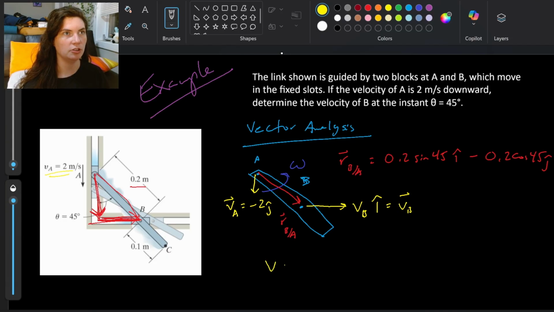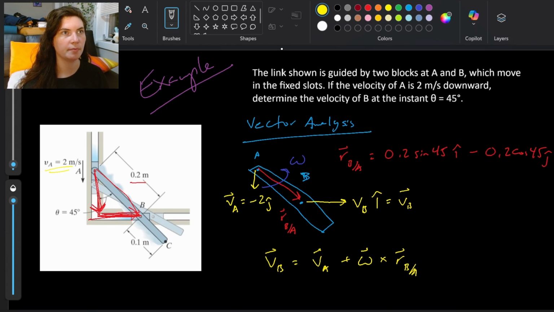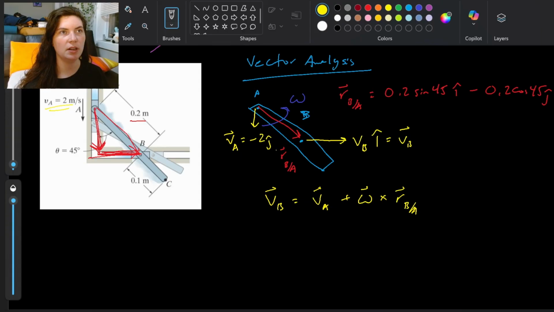Okay, so our general formula is VB equals VA plus omega cross RB with respect to A. Now I'm going to plug all of this Cartesian form into our equation.